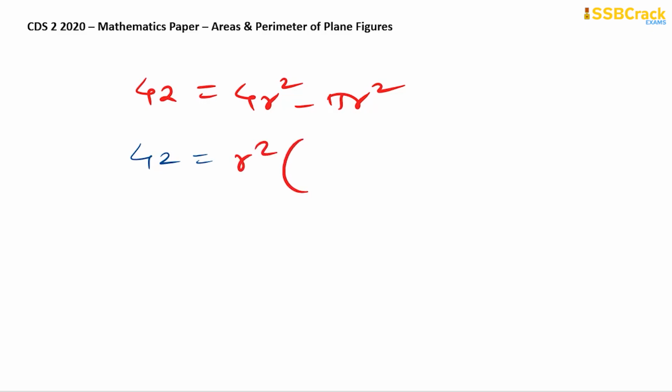On the next line, 42 equals 4r square minus pi r square. And for this question also they had given us the value of pi. So 42 equals, I would take r square common so that simplification would be easier for us, r square into 4 minus 22 by 7.